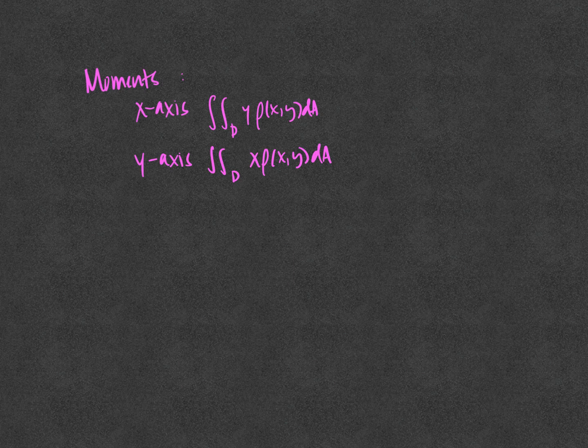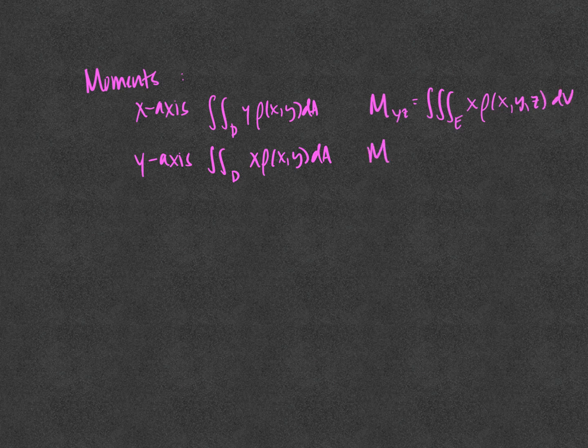So now we're going to pull this into triple integrals, and we're going about the 3 coordinate planes. So the moment in terms of the YZ plane is written as the triple integral over E of x times rho of xyz with respect to the volume.